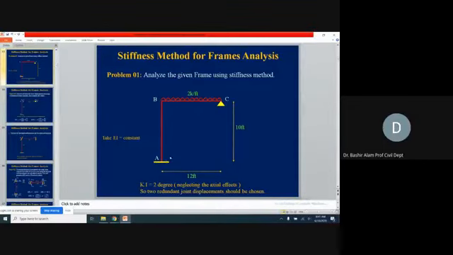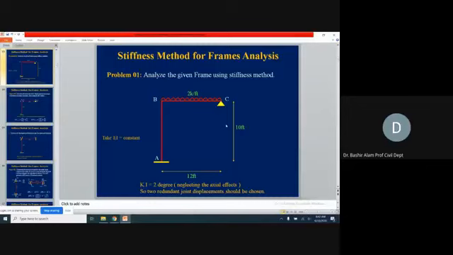At A, we have 3 constraints: vertical, horizontal, and moment. And at C, we have 2 constraints: vertical and horizontal reactions. So we got 5 constraints. So 9 minus 5 is equal to 4 degrees kinematically indeterminate.